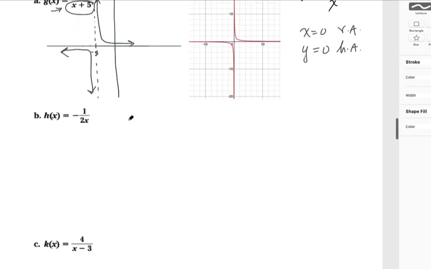So if we look at this next one, we see we have a similar situation. We don't have a shift necessarily, but we have the x value being multiplied by 2. And we talked a little bit about what that does to the parent graph.